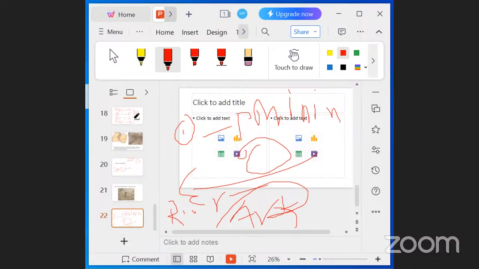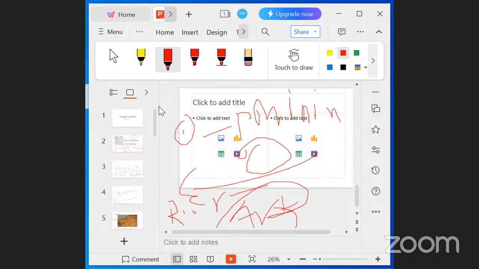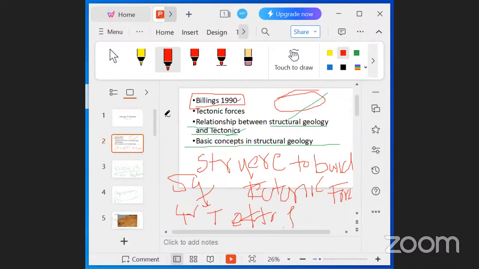Today's topic is introduction to structural geology. So now we discussed the introduction. In that we learned what structural geology is, the relationship between structural geology and tectonics, right?